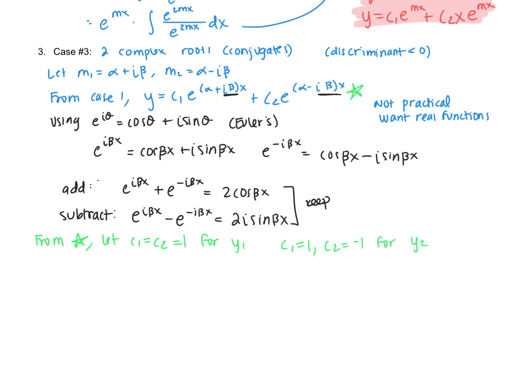Okay, so where that takes us next is that y1 is e to the alpha add i times beta x, add e to the alpha subtract i beta x, and y2 is e to the alpha add i beta x, subtract e to the alpha subtract i beta times x.